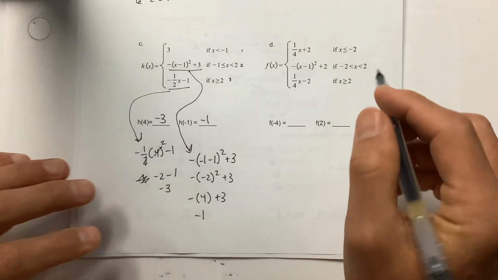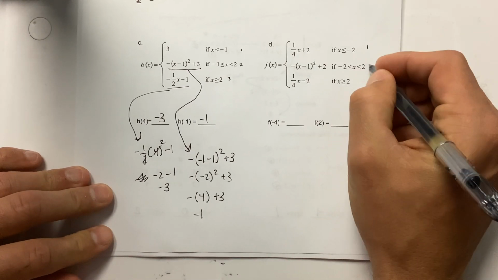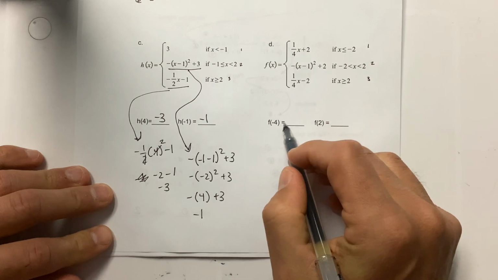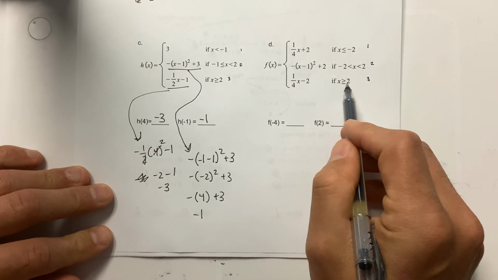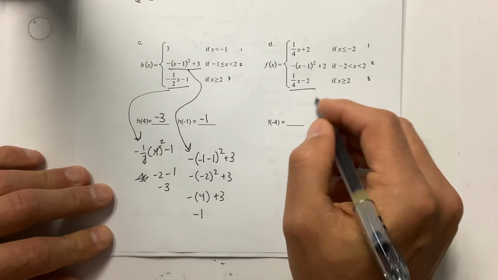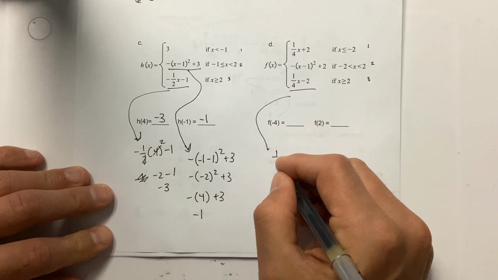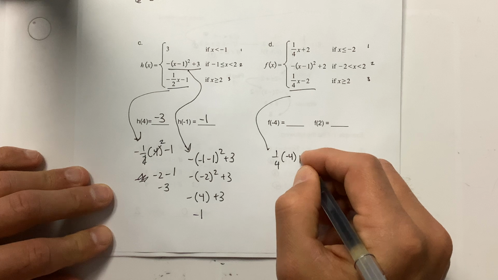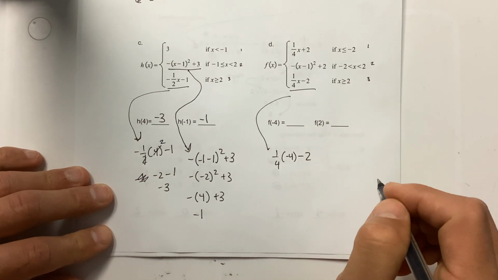All right, -4. 1, 2, 3. -4 is going to be part of the x is greater than 2 interval, so interval number 3. So we're going to take this equation, 1/4 times -4 minus 2.